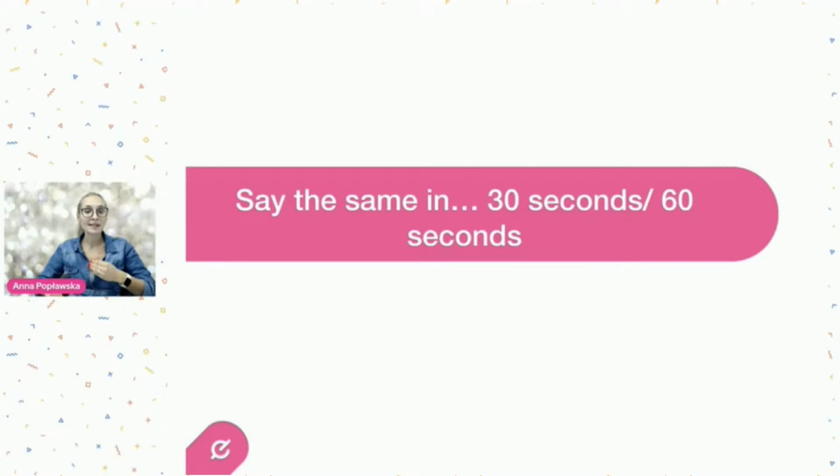In the second round, you can ask them to make the answer shorter, to make it more, I would say, thought over. So instead of 60 seconds, they need to respond in 30 seconds, or you may want them to elaborate more on the question.